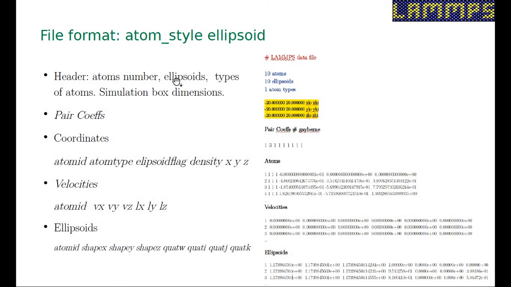This ellipsoid refers to the ellipsoidal shape of the particles. Then we must define the simulation box dimensions. Next, the pair coefficients need to be specified, indicating the potential we are using.